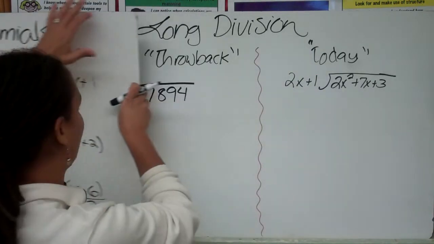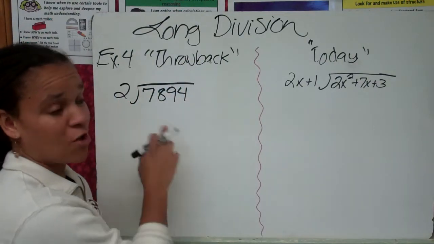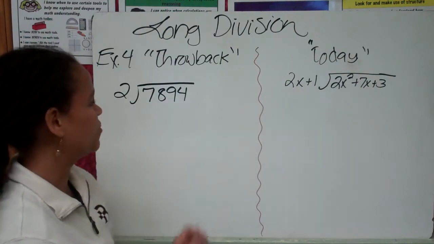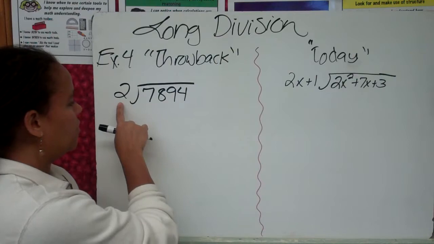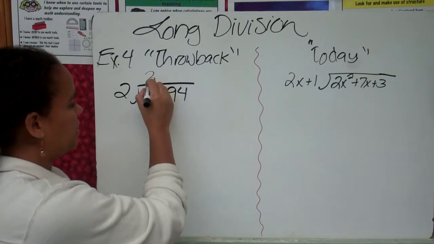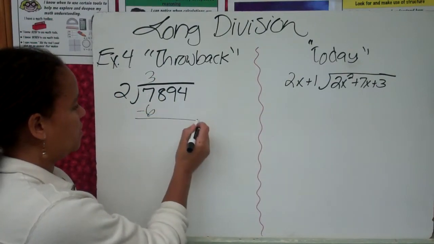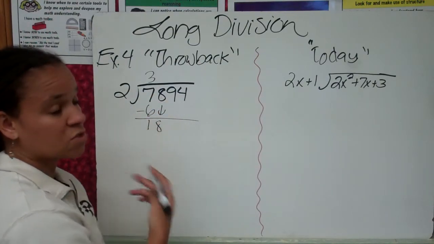But what happens if you can't factor? Well, we're going to do a little throwback. We're going to go back to long division, because there is a way to divide polynomials with long division. If you remember, in grade school we would say, how many times does 2 go into 7? Of course, only 3 times. Then 3 times 2 is 6. Subtract, bring it down. 7 minus 6 is 1, bring down the 8. Start all over again.